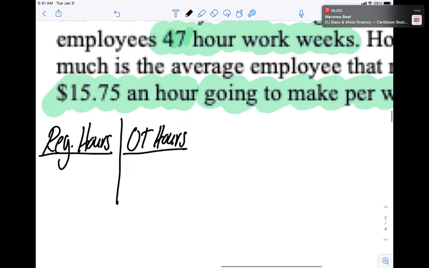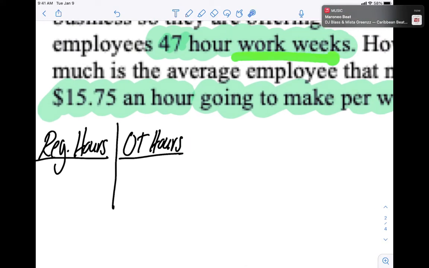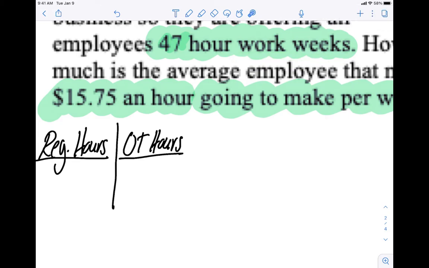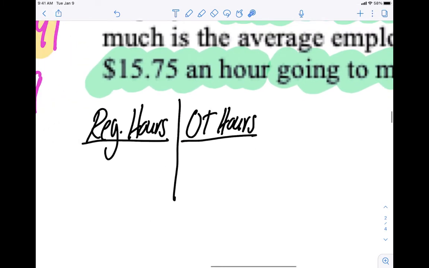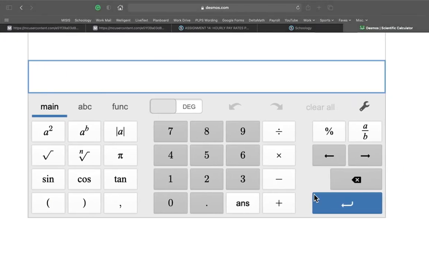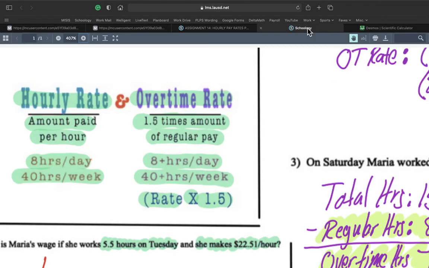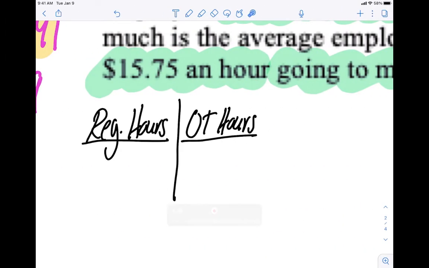In this problem, we're talking about a week. How many regular hours do you work in a week? If you're not sure, come over here and check your notes. 40 hours per week is regular time. So 40 hours are regular hours.